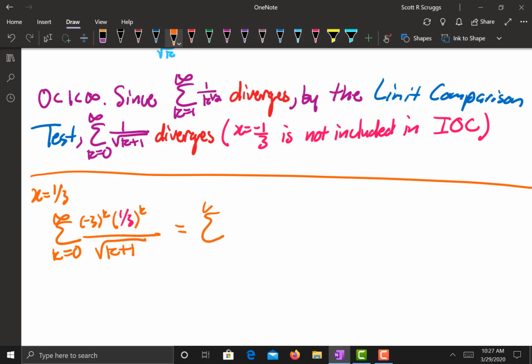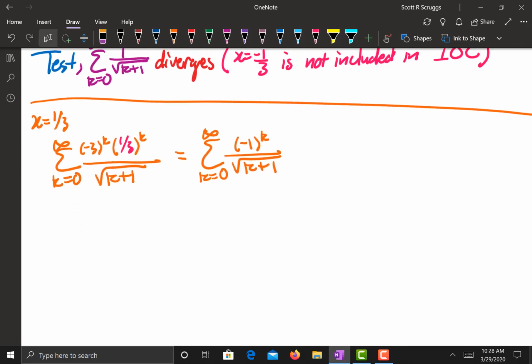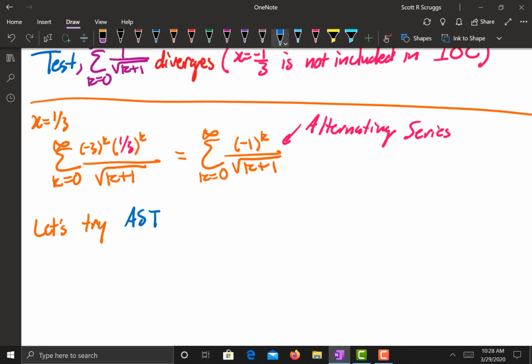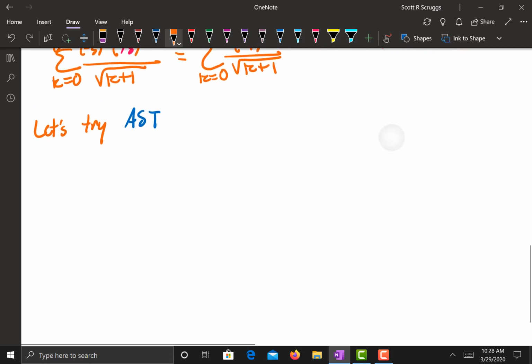And if I do the same work that I did in the previous step, I get negative 1 to the k over the absolute value of k plus 1. Now that I see a negative 1 to the kth power, it tells me I have an alternating series that I'm working with. So because of that, I'm going to try and see if the alternating series test will work out here.